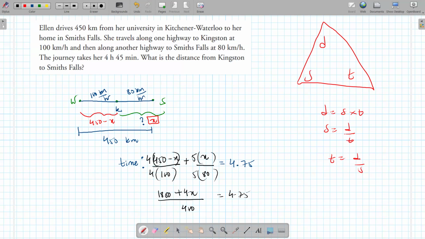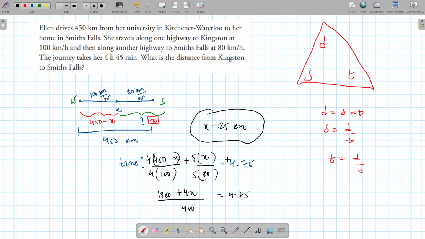So 4.75 times 400, subtract 1800, divided by 4. So that distance is 25 kilometers, which seems kind of low. Let me just double check. 4.75 times 400 minus 1800 divided by 4. Yeah, it's 25. And you're done.